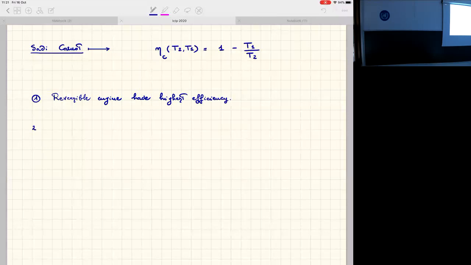And then the second statement is that, since reversible cyclical engines have the highest possible efficiency, all reversible cyclical engines working between two temperatures have the same efficiency, right? So this is a corollary.